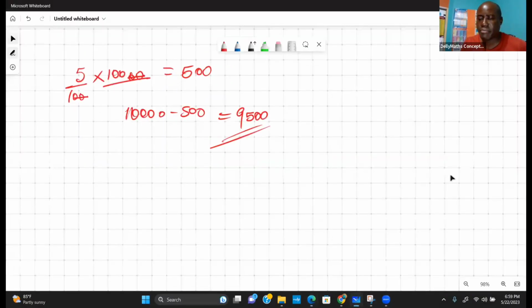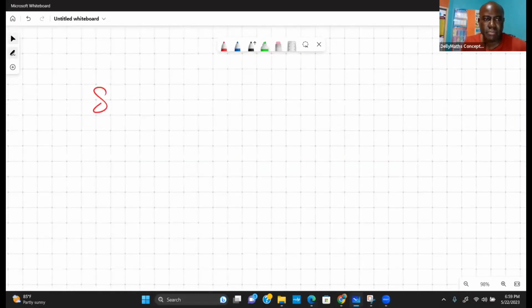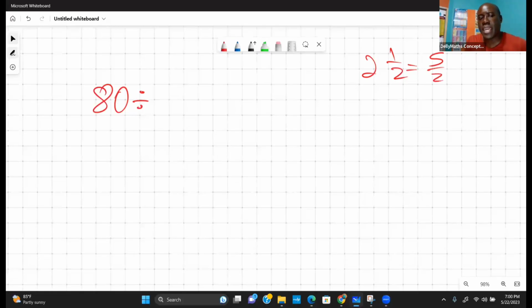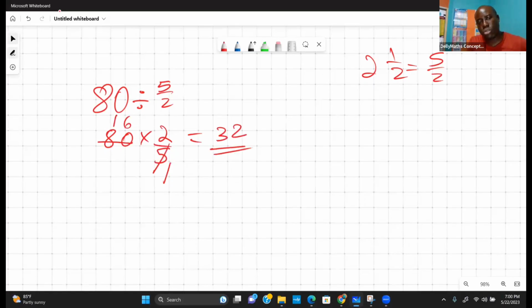You could still say 80 divided by 2.5. Remember, I'm just showing you various ways to help yourself. 2.5 is the same thing as 5/2. So you could say 80 divided by 5/2, which means 80 times 2/5. It gets simple now, right? So then 5 into 5, 1, 5 into 80, 16. 16 times 2, 32. See what I'm saying?